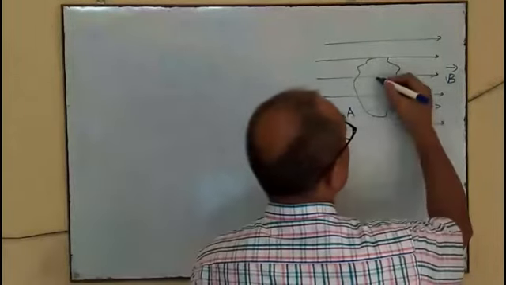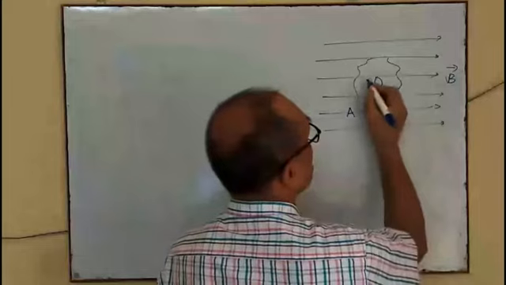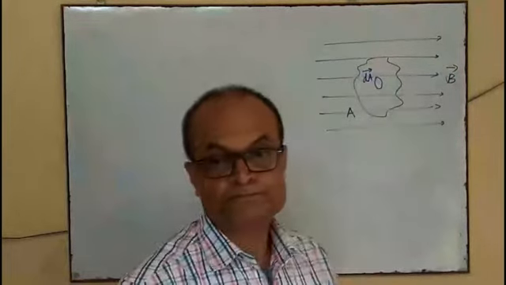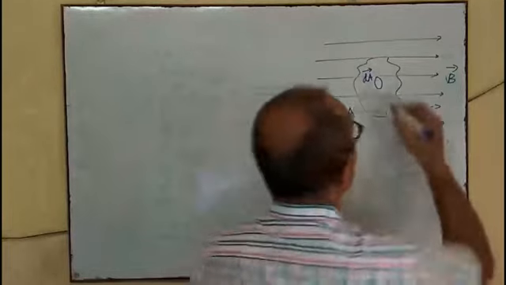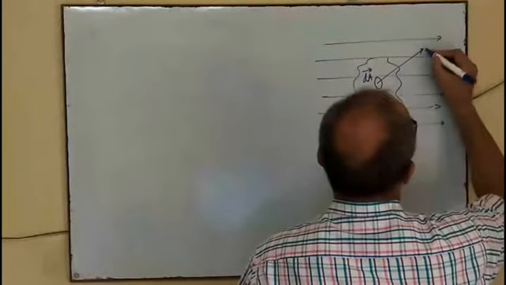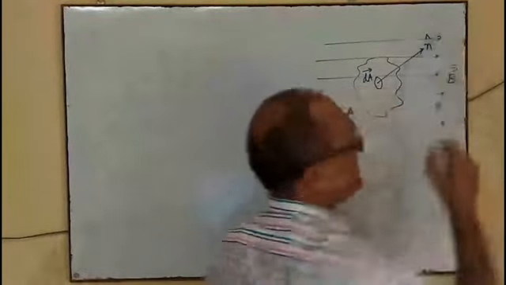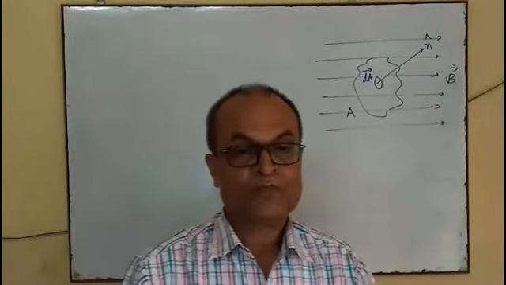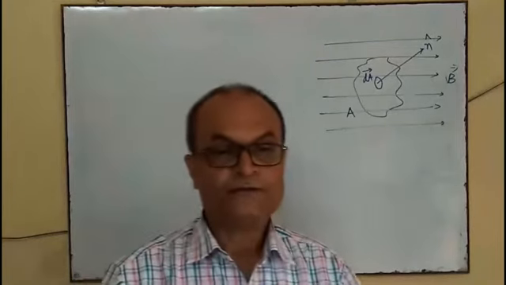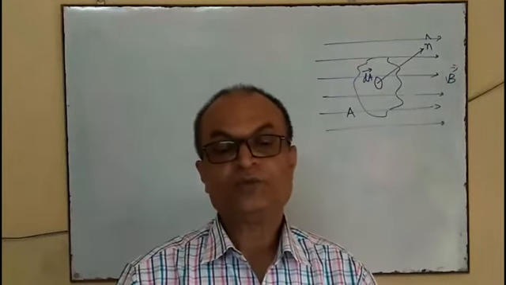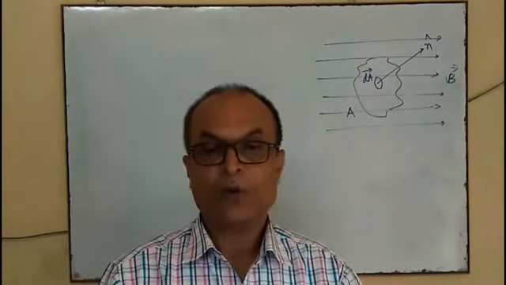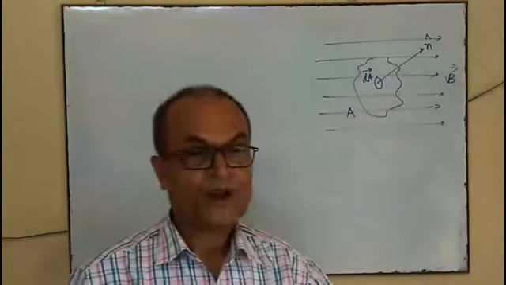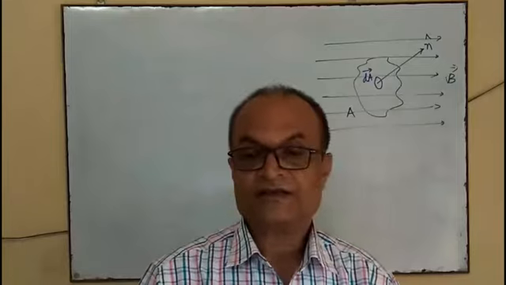This is the small area dA, and the normal on it is the unit vector n. The magnetic field may be assumed uniform over this small element.